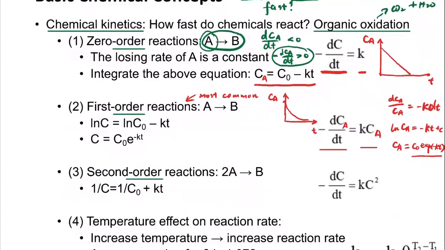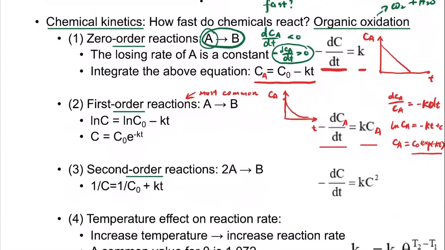So let's say, for example, we're talking about the oxidation of some organic fertilizer. Let's say we have the Mississippi River flowing, and we have a farmland here.